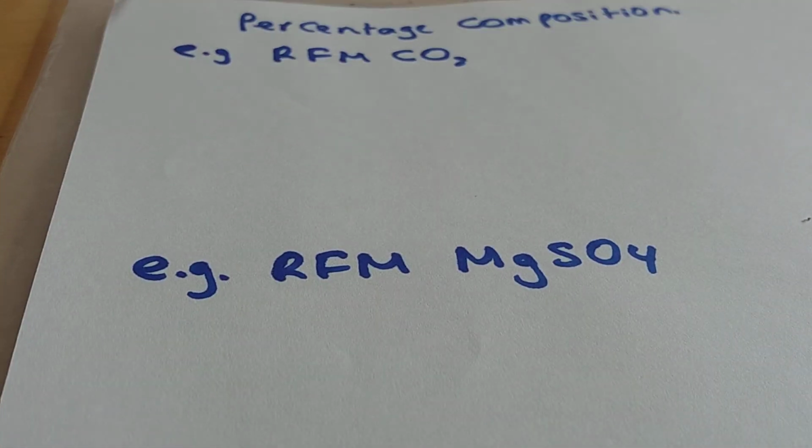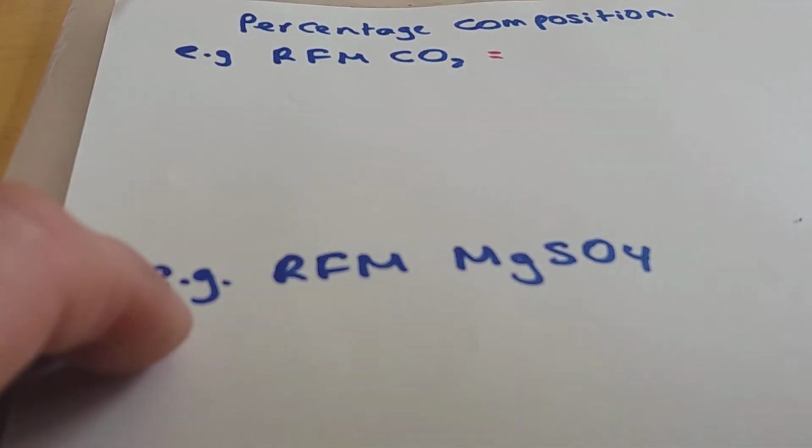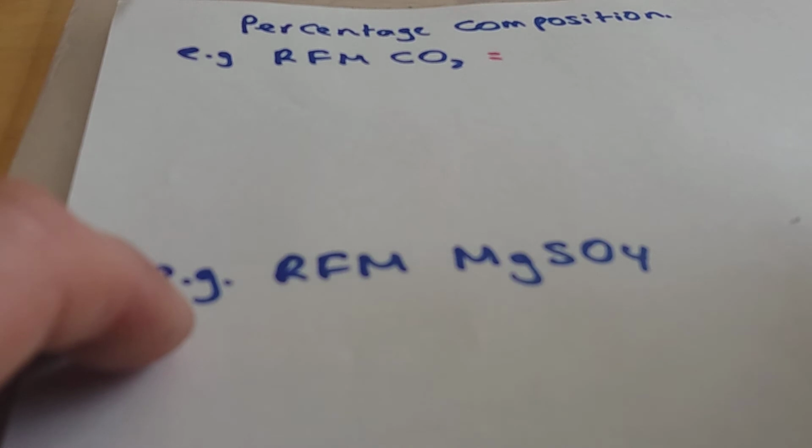Now, the third type is this, percentage composition. The percentage composition is the percentage of every element present in a compound. So, I'm going to use carbon dioxide as an example. Always for these calculations, the first step is to work out the relative formula mass.